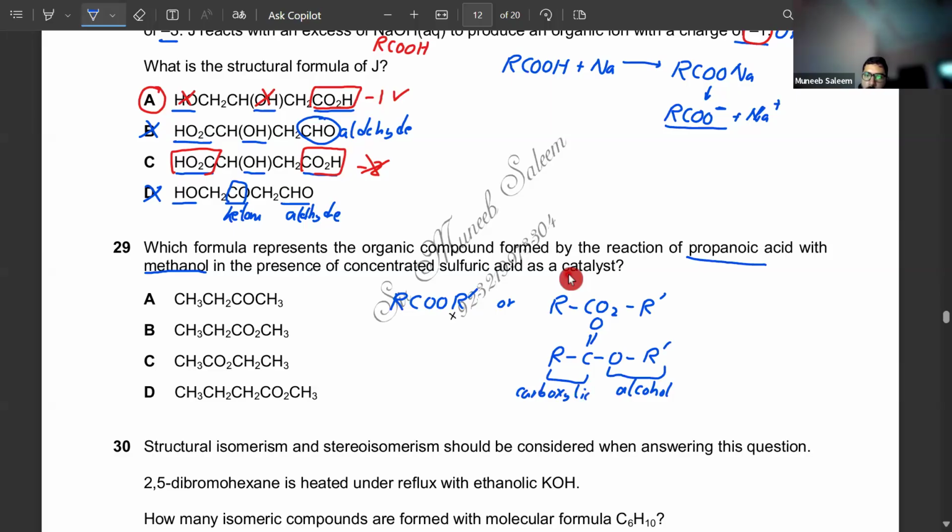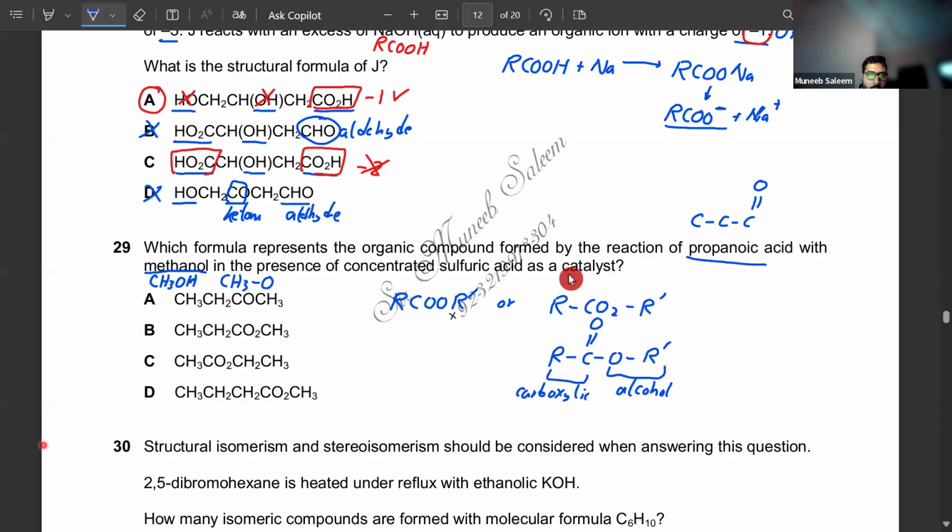Now we have propanoic acid, which must have 3 carbon atoms bonded through the carbonyl group, and the other part is methanol. That means it must be single bonded with oxygen. So it should be something like this: CH3O. Now we will find that structure here.